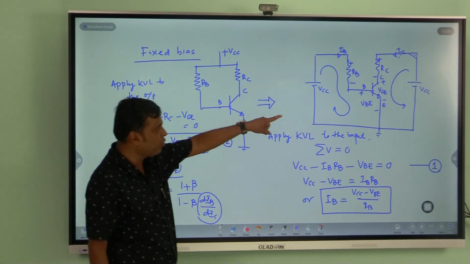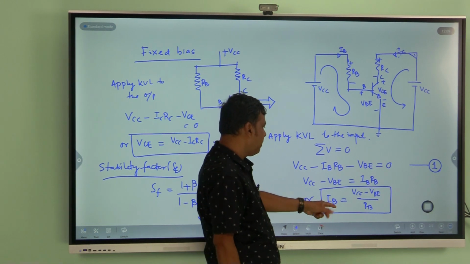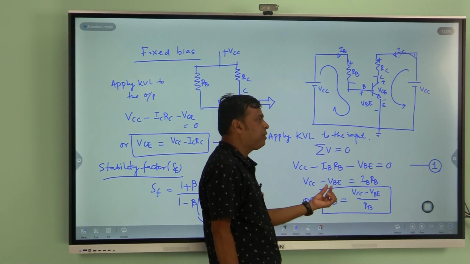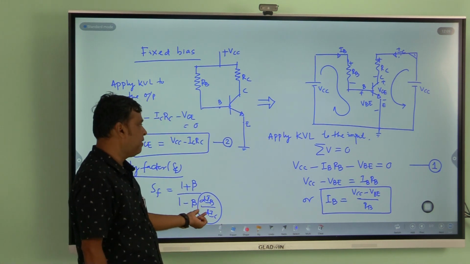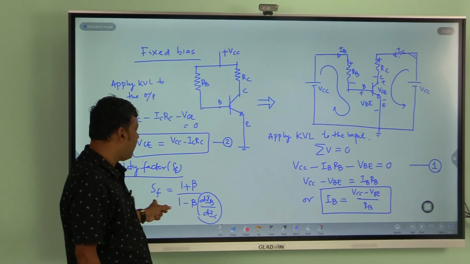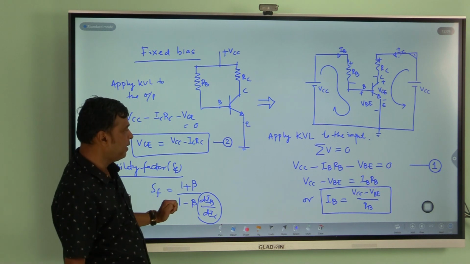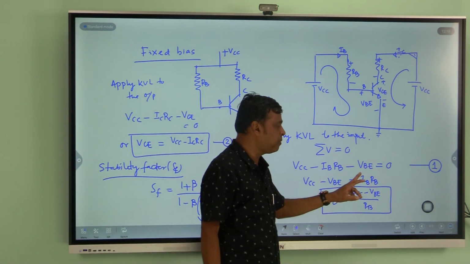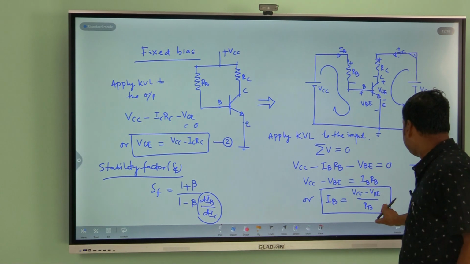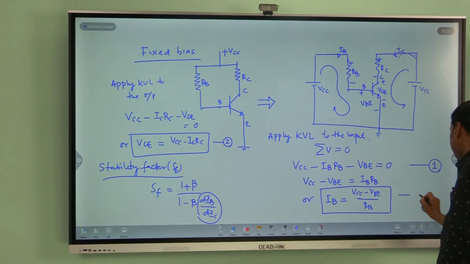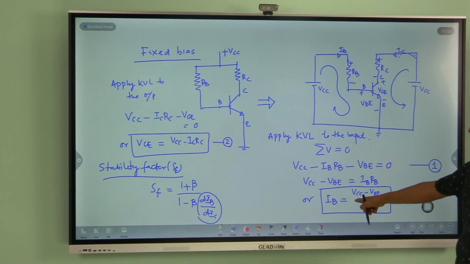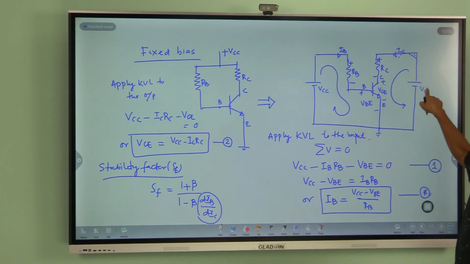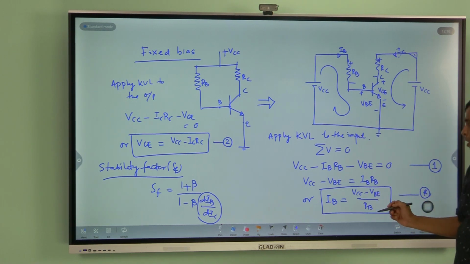How to get the dIB by dIC? Apply KVL to the input loop, you will get the input equation. If you differentiate this equation with respect to IC, you will get dIB by dIC, and substitute these values, then you will get the stability factor SF. Here IB equal to VCC minus VBE by RB. If you differentiate this equation, VCC is a constant, 10 volt, 20 volt, 30 volt DC voltage given, and the derivative of any constant term is 0.